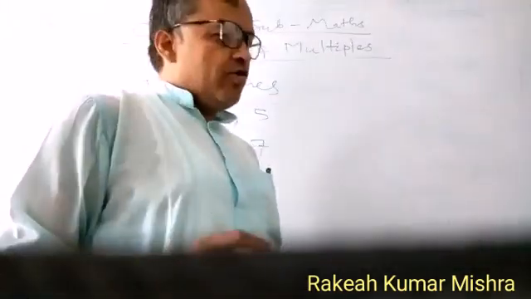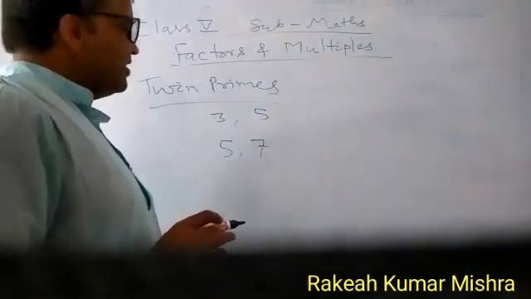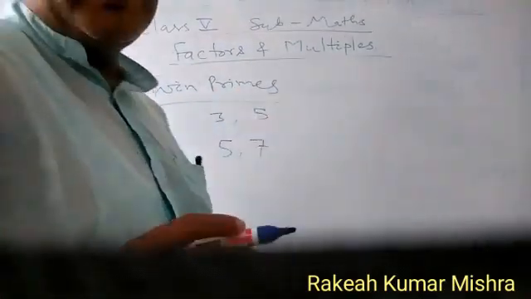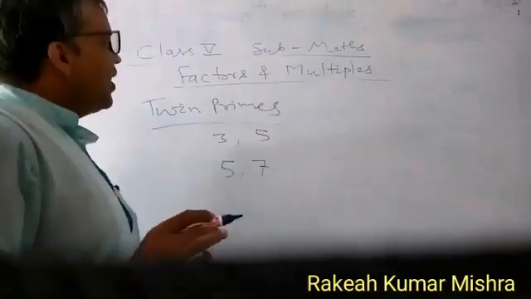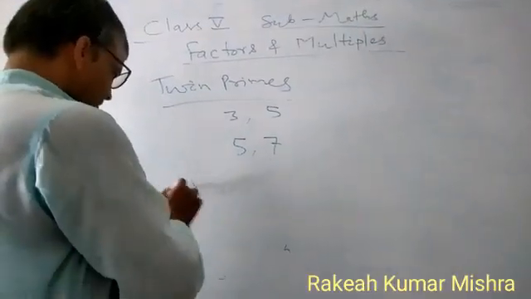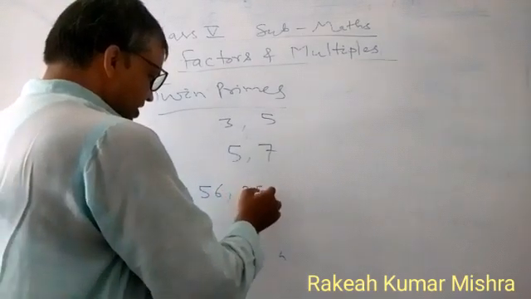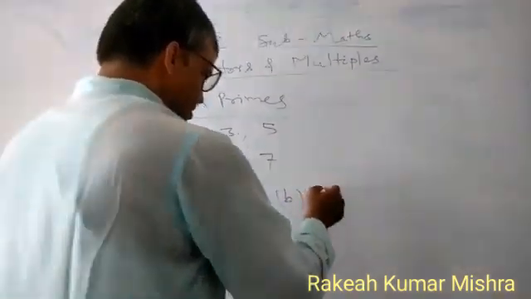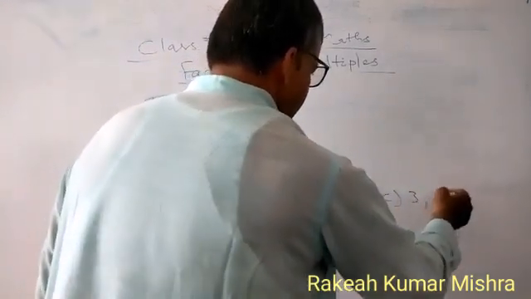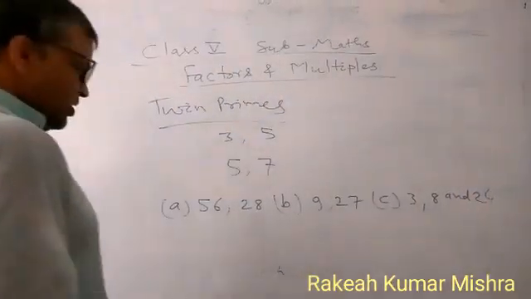Now write homework. As homework, first question, write the definition of twin primes. Second question, find the HCF of the following: A, 56 and 28; B, 9 and 27; C, 3, 8 and 24.